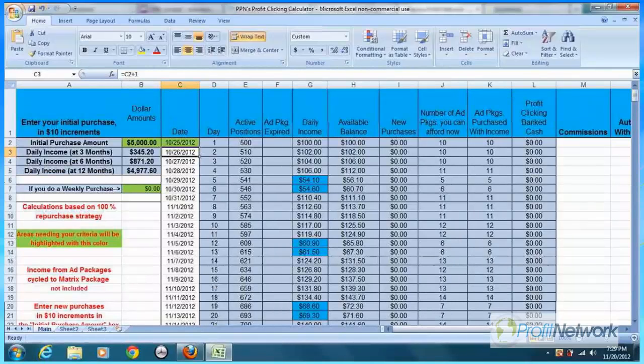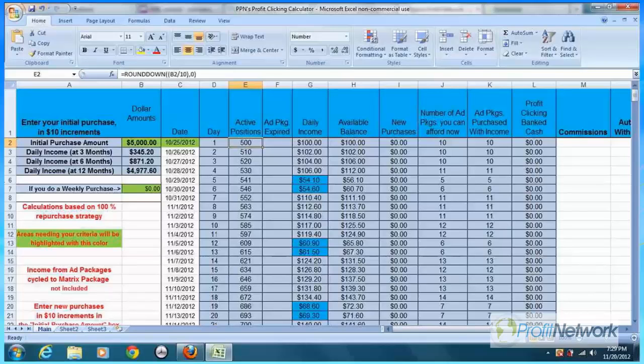We have 500 active positions starting October 25th, 2012. And I'm dating it for October 25th because my strategy is all based around when the profit shifts happen, and right after the profit shift happens.